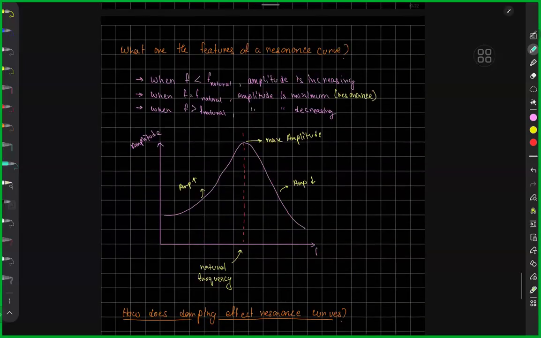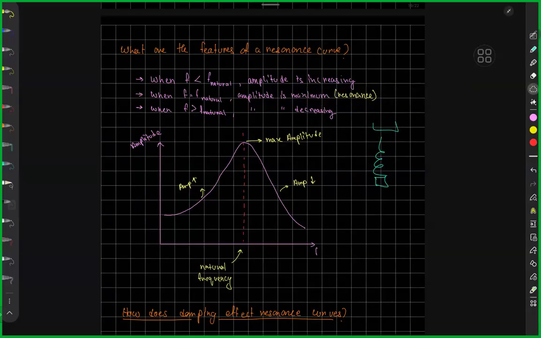So over here, what I've plotted is how the amplitude changes as my driving frequency changes. If I have this system over here and I have a mass over here, the amplitude will vary as I vary the driving frequency.